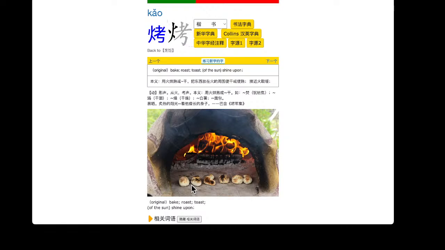Now 烤 is not necessarily low heat. 烤 just means that you need to have a long lasting burning fire, and then you put the food next to it or above it to get the heat and cook the food. So this is 烤.